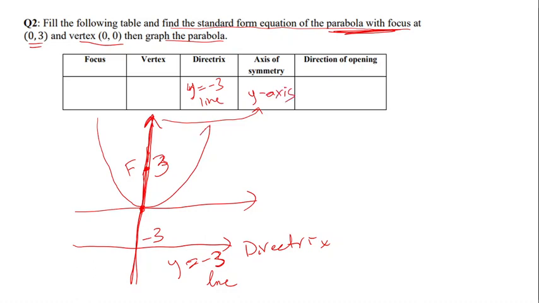Direction of opening is clearly upward, and the vertex is at the origin. It's given already. And the focus here is this one here. It's 0, 3.